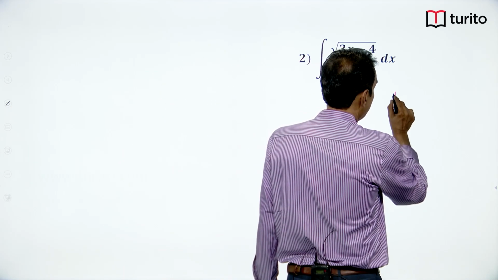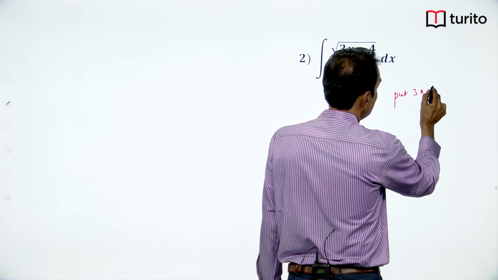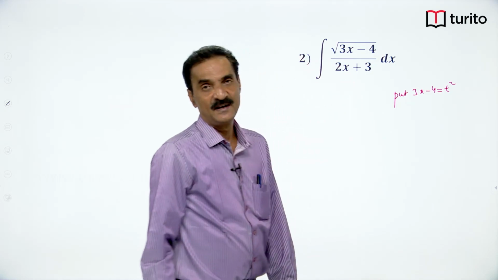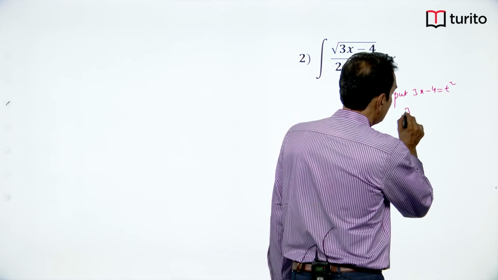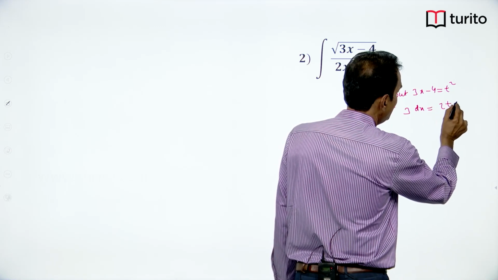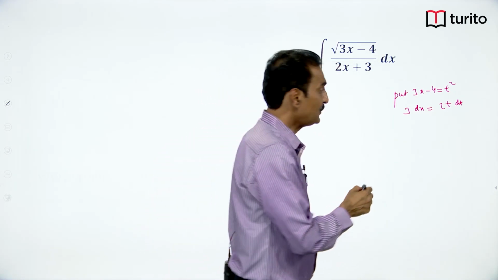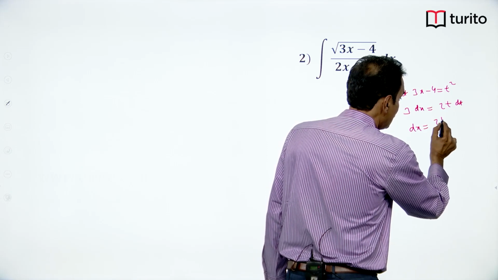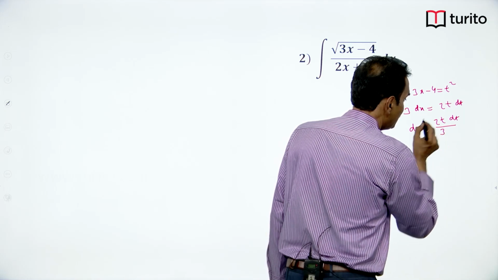Put 3x − 4 = t², differentiating on both sides. 3 dx = 2t dt. Then dx = 2t dt/3.